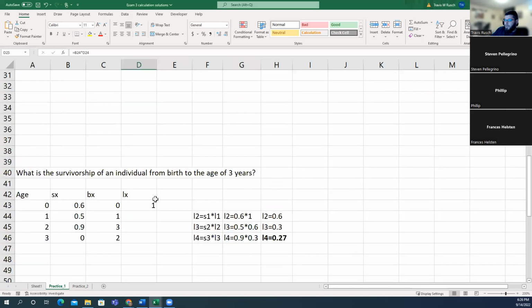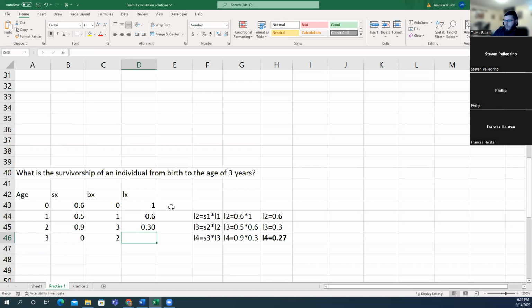We had L2, but now we need to solve for L3, and that's just going to be using S2 and L2. That's going to be our second value, right? So the 0.5 times our previous value we just calculated, 0.6, gives us 0.3.